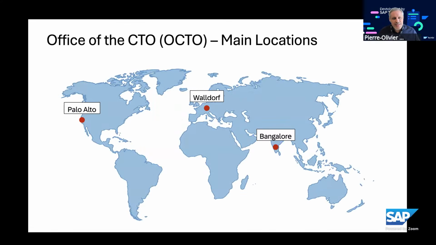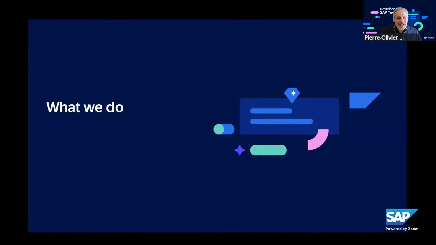Our team is mainly in 3 locations. We have other locations. We are in Palo Alto, those are the main locations, but we have also smaller locations like Hamburg, like Denver, etc. So there's always a colleague not far from where you are. That's what I want to say.